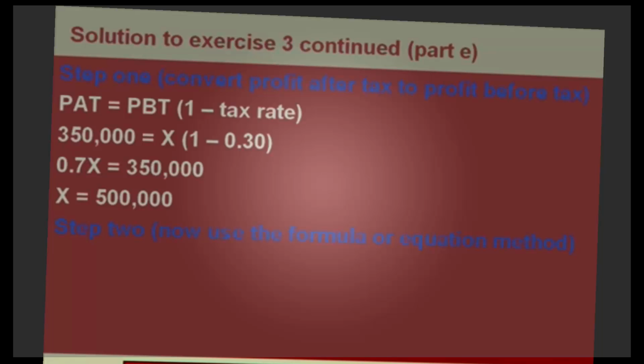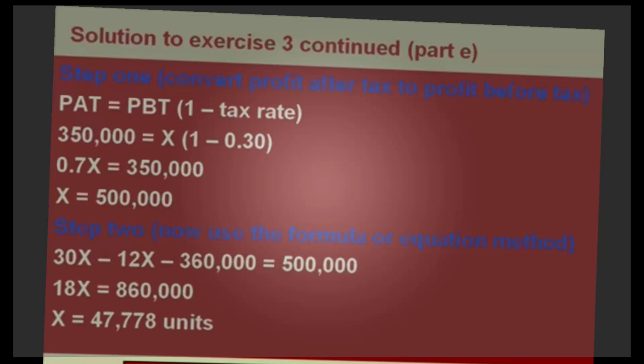So let's go to step 2 and let me use the equation method. Sales minus variable cost minus fixed cost is profit. So 30x minus 12x minus 360 equals the profit before tax, which is 500,000. So 18x is 860. So x is around 47,778 units.